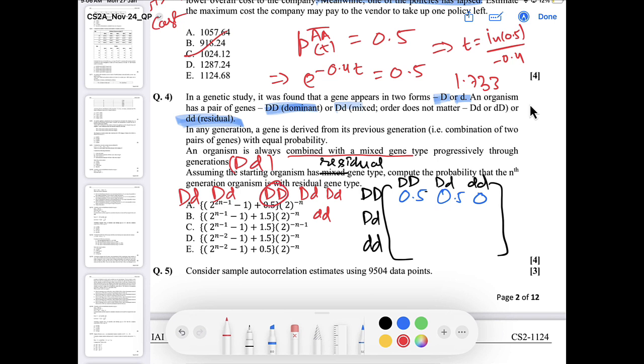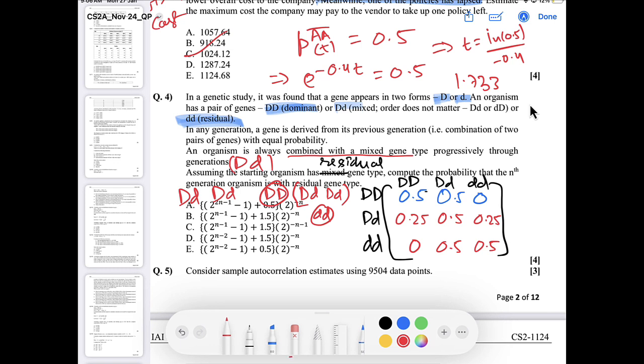So this and this is 25%, this is 50%, right? So this is 0.25, this is 0.5, this is 0.5. And the last one, if you mate a small d small d with a capital D small d, then you will get a 50% here, you will get a 50% here, and this will be 0, right? You can work it out.